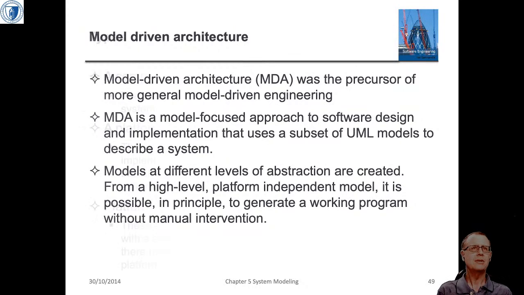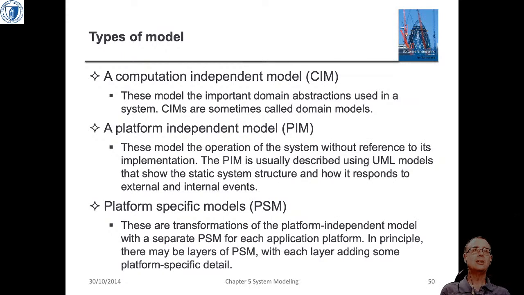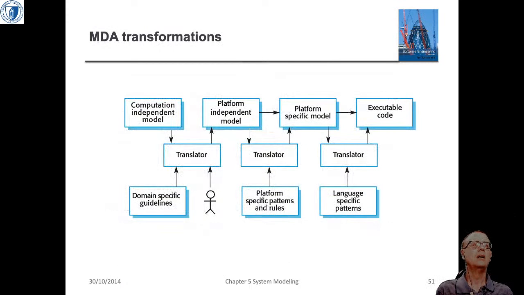And you can develop a model at different levels, right? There's a computation independent model, there's a platform independent model, and there's platform specific models. Here's a way you may have to move from your original system, your computation independent model, with some domain-specific guidelines to get a platform-independent model.